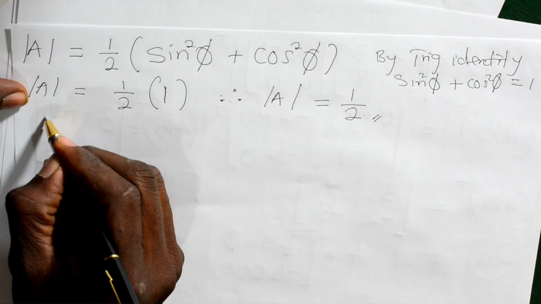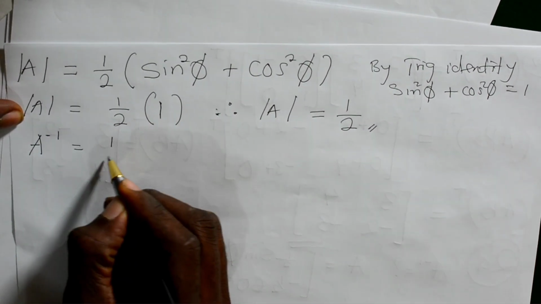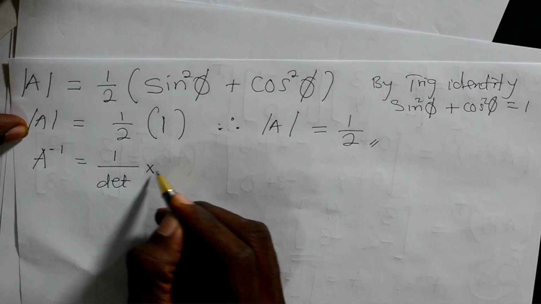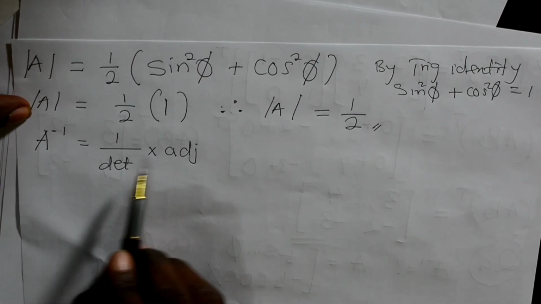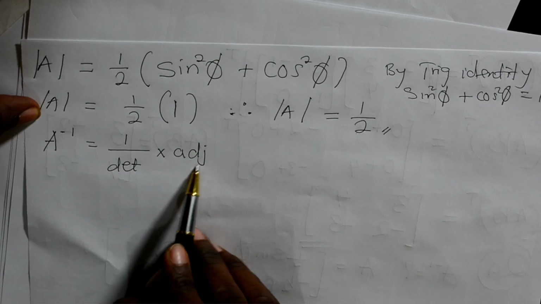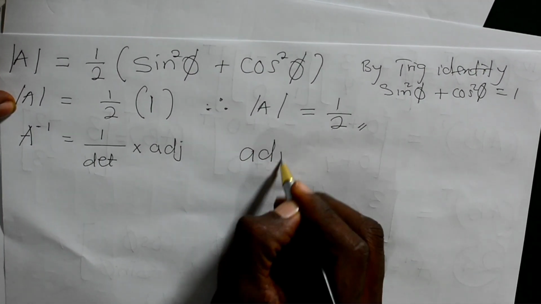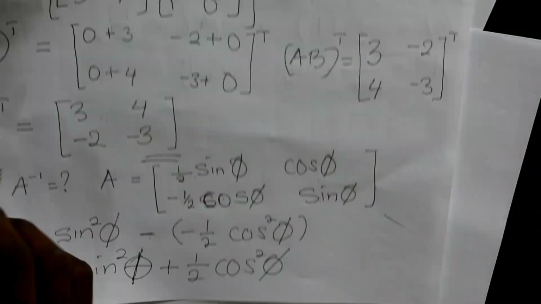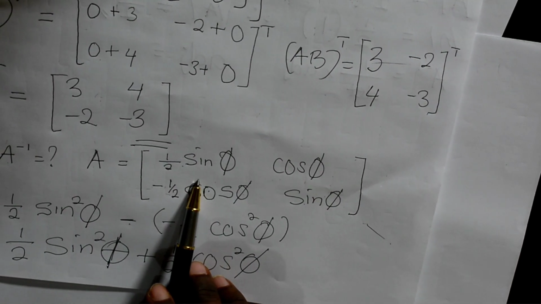So if we can remember, we are asked to find A inverse, where A inverse is equal to 1 all over determinant times adjoint of that A. So we have the determinant, and now we are going to find the adjoint of A. Adjoint of A will be equal to, this is the matrix A given in the question.